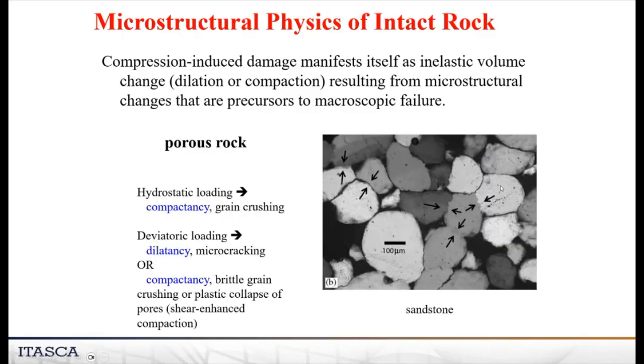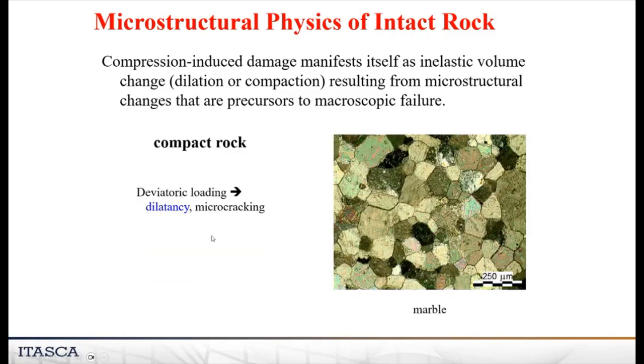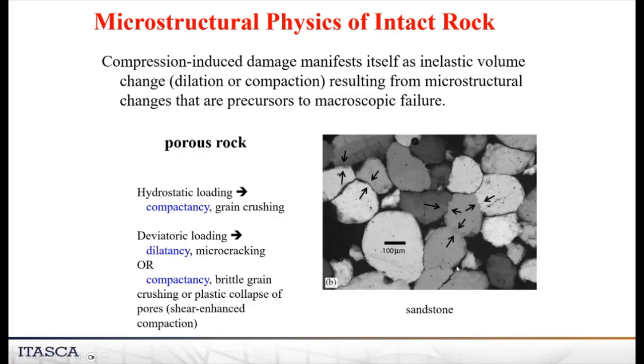But if you have a porous rock, it's much more complicated. But if it's reasonably well cemented, it's still pretty much the same thing. You get these cracks aligned parallel to sigma 1. But because there's all this pore space, you also have initial porosity, pore collapse, all kinds of things if you go further along. You may also have grain breakage.